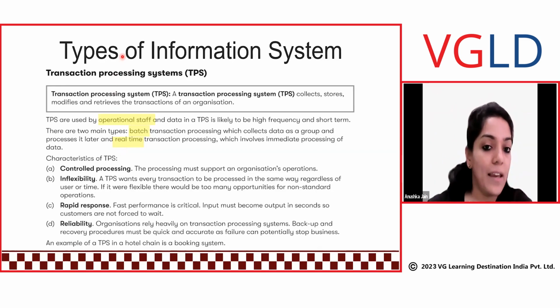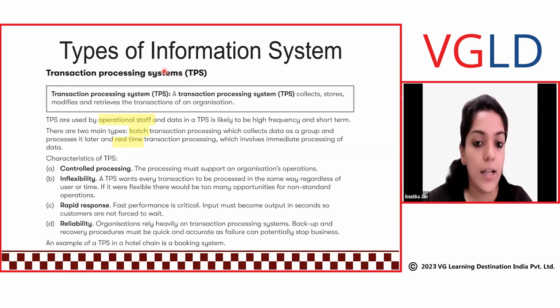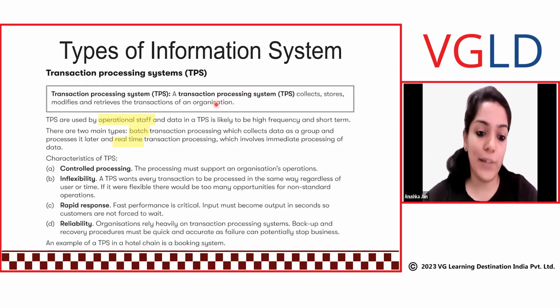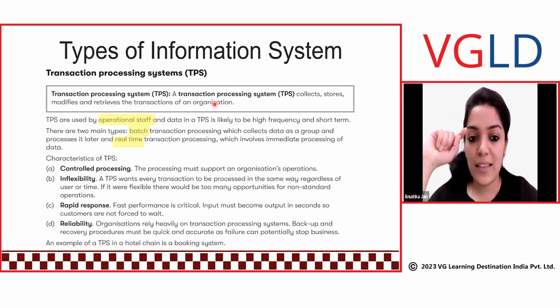So the first type of information system is the transaction processing system. A TPS collects, stores, modifies, and retrieves the transactions of an organization. I called out a very important terminology just a few minutes back. Think about it.